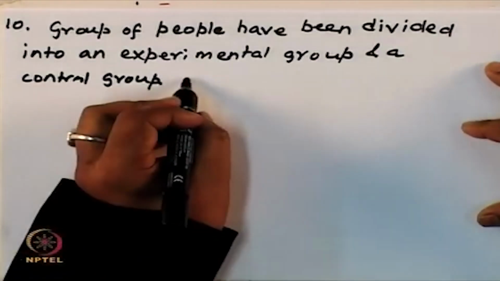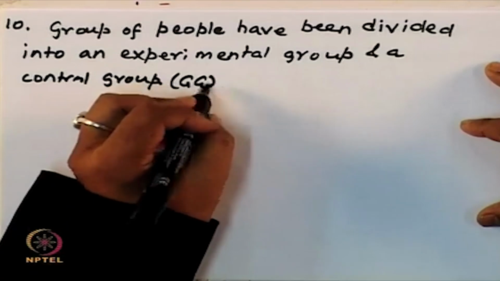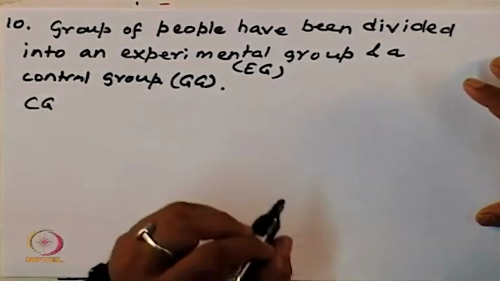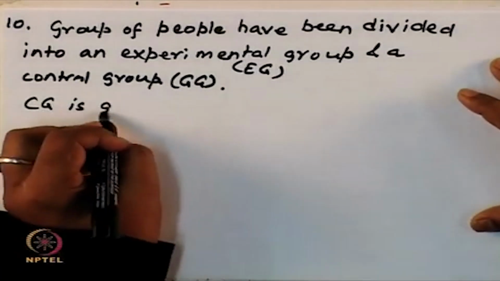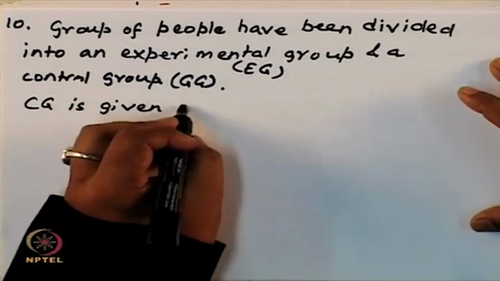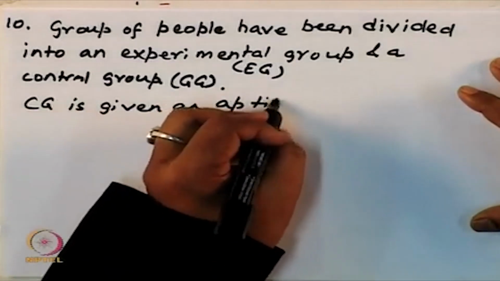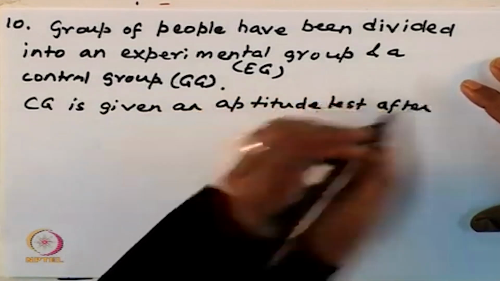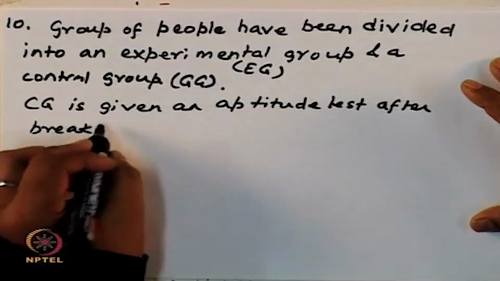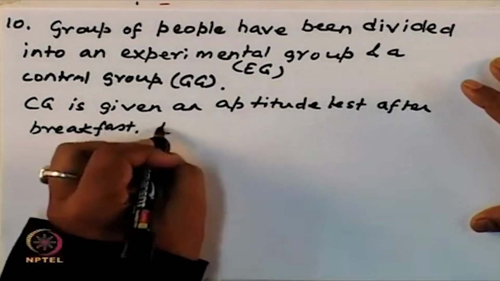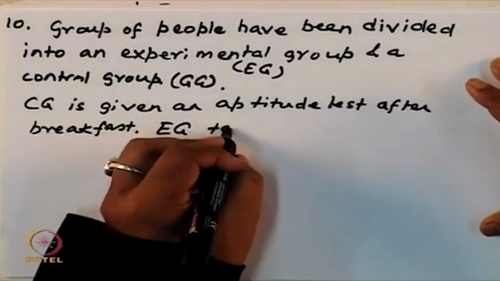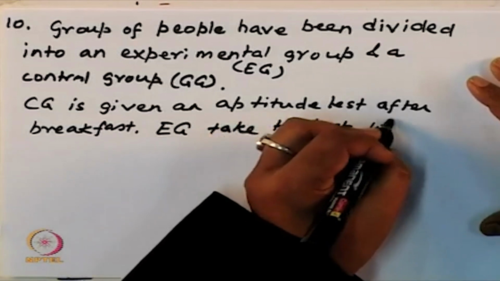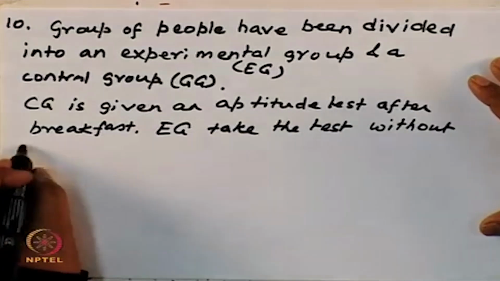I will write CG for control group and EG for experimental group. So, your CG is given an aptitude test after breakfast, versus the experimental group take the test without breakfast.